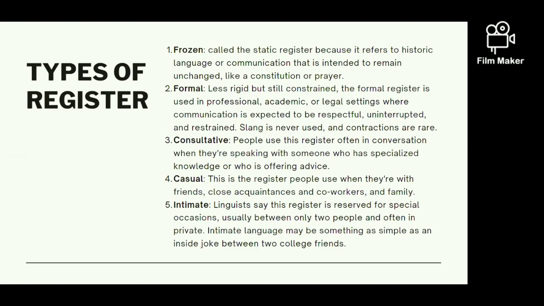Last is intimate. Linguists say this register is reserved for special occasions, usually between only two people and often in private. Intimate language may be something as simple as an inside joke between two college friends that other people don't understand, so it's only between the two of them.